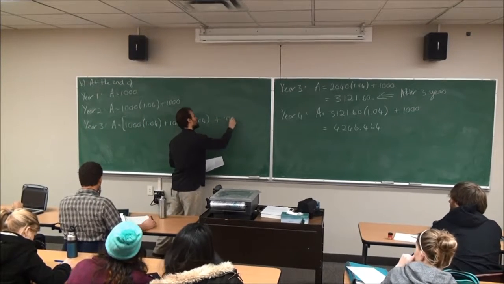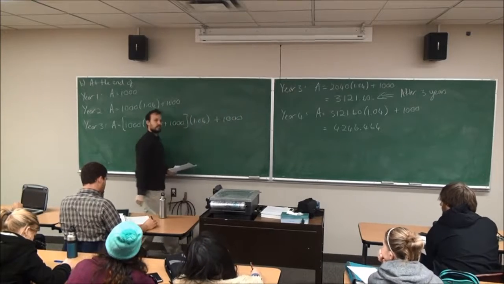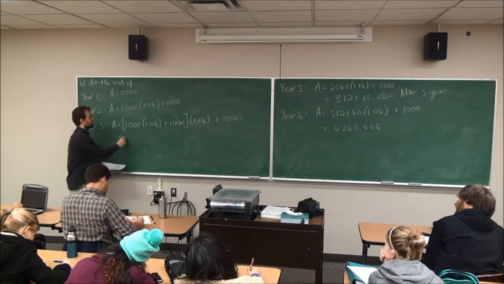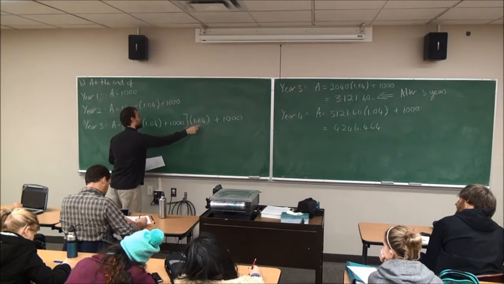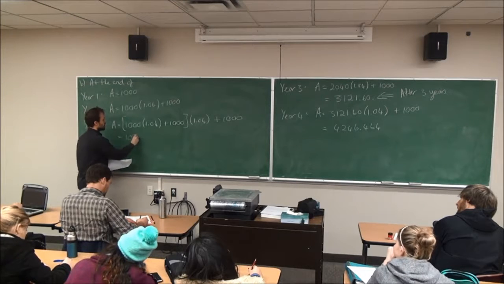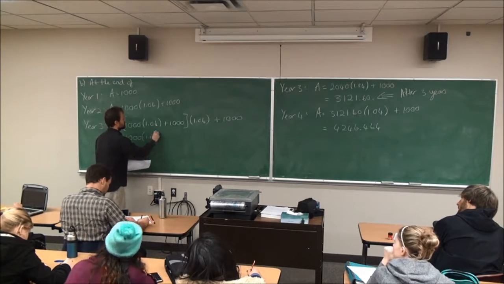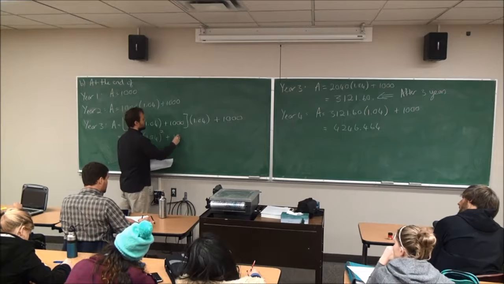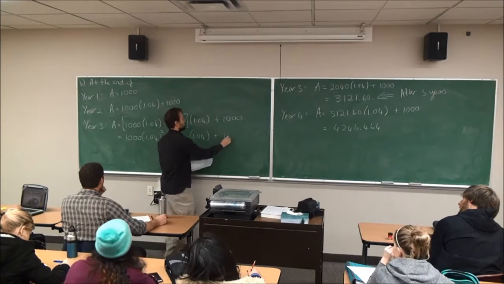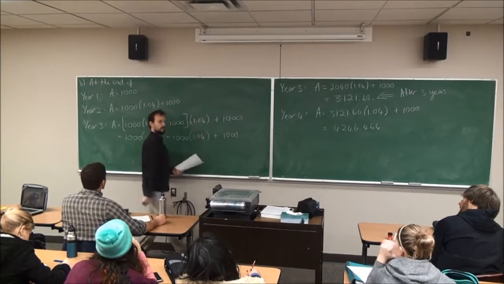And then I add my own 1,000 for that year. I simplified this. Let's multiply this 1.04 into the square bracket, to get 1,000 times 1.04 squared plus 1,000 times 1.04 plus 1,000.